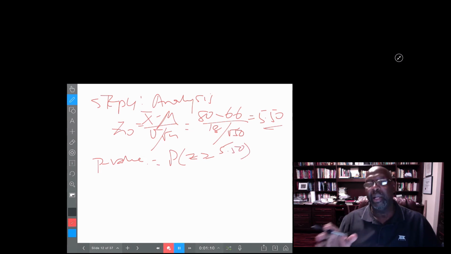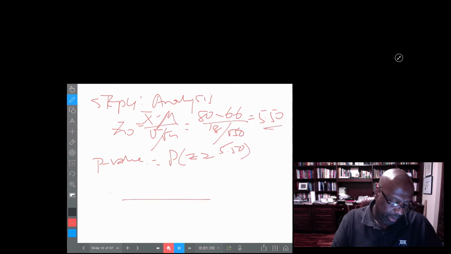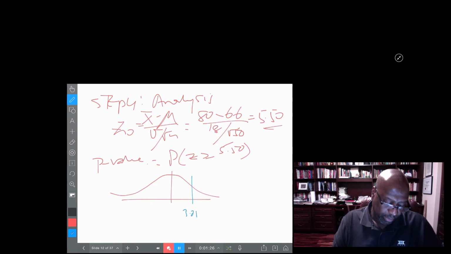Now we know our table has the largest value, 3.09, and at 3.09, the area in the tail is 0.001. So at 5.5 is going to be a lot less than that. Let's look at it. All right. So what we're saying is that at 3.09, this area is 0.001.